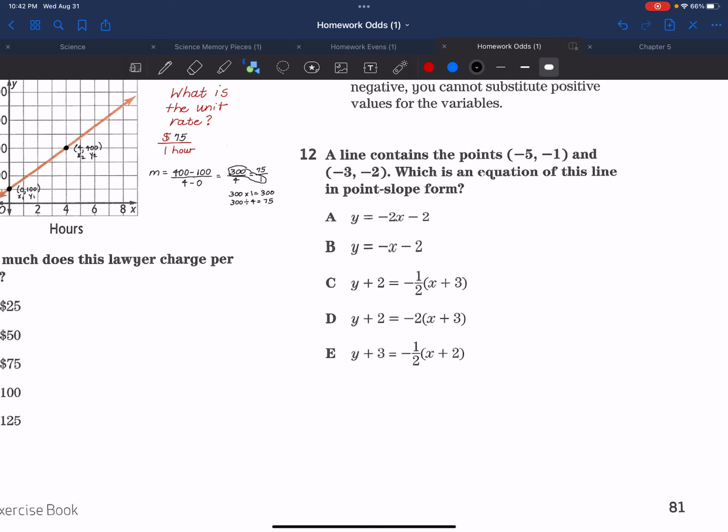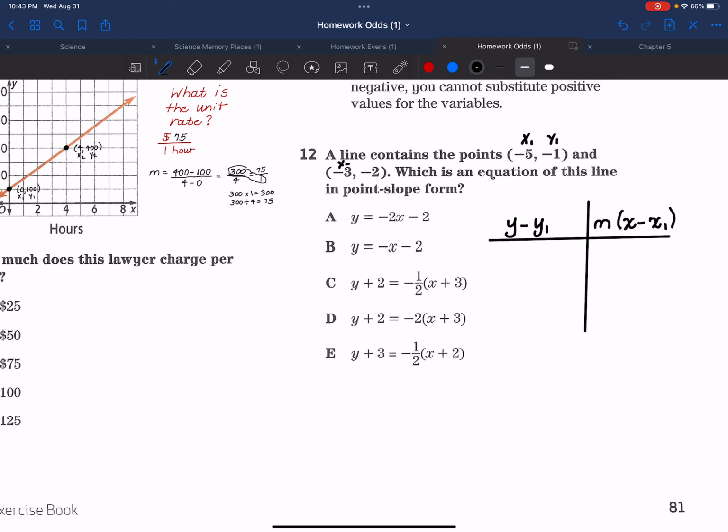So this time I can't do slope-intercept because they tell me specifically that I need to use point-slope form. So that's going to be y minus y1 equals m(x minus x1). But we do not know m. We need to find the slope. And to do that, you can use these 2 points.